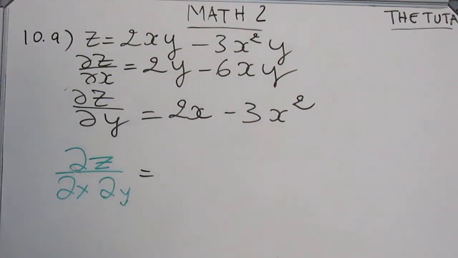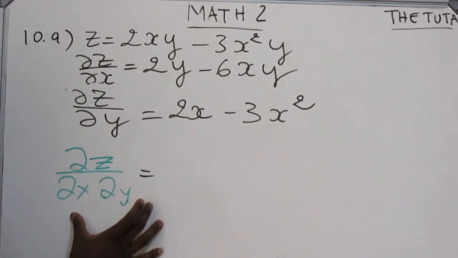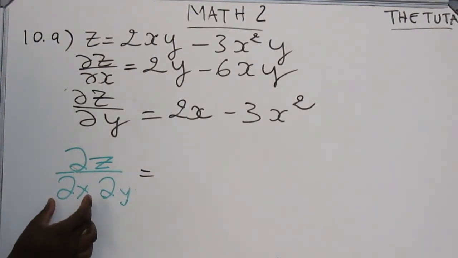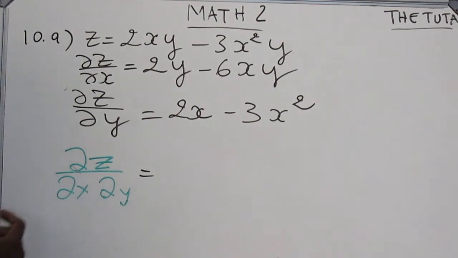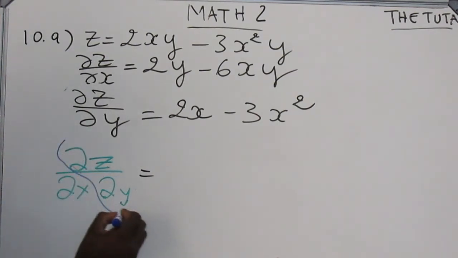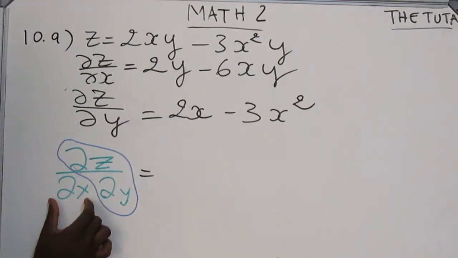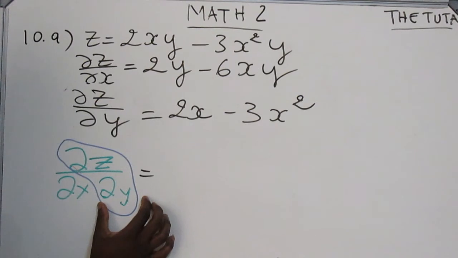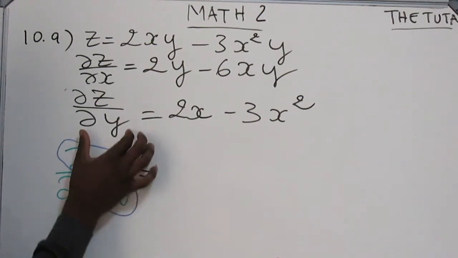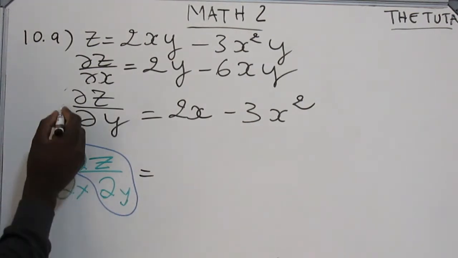When you see this writing, they are asking you to derive with respect to x in the partial derivative of z with respect to y. So we are going to derive x in this equation here.